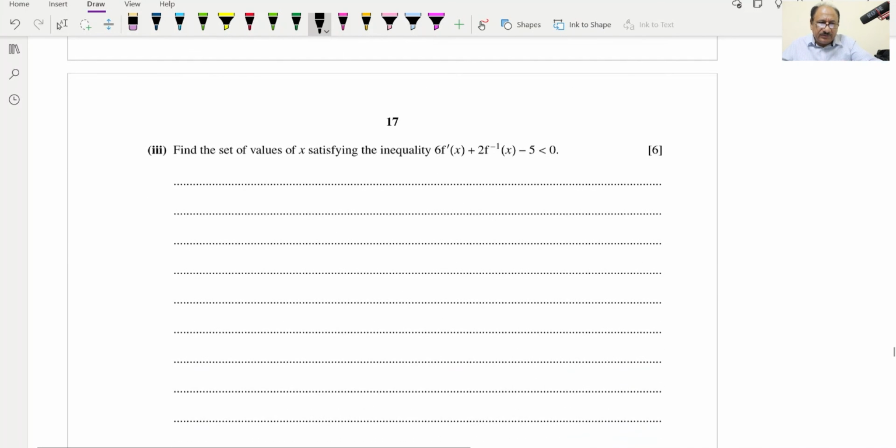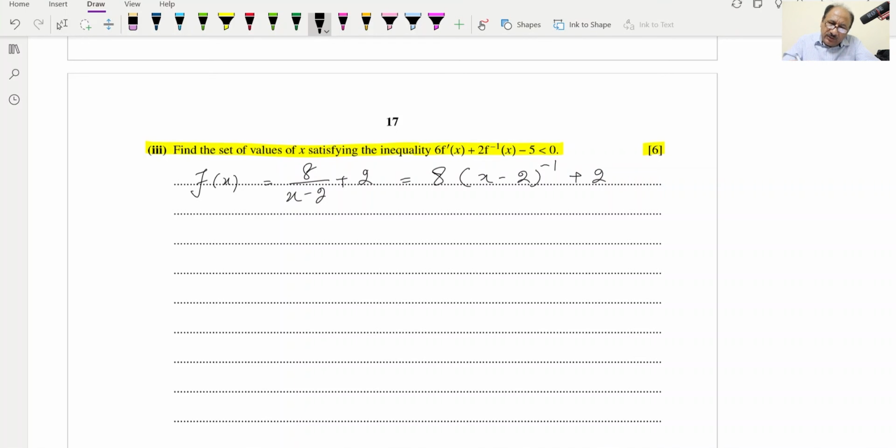Find the set of values of x satisfying the inequality. We know f of x is equal to 8 over x minus 2, plus 2. So we can rewrite it as 8 into x minus 2 raised to minus 1, plus 2, and now we can find f dash of x.